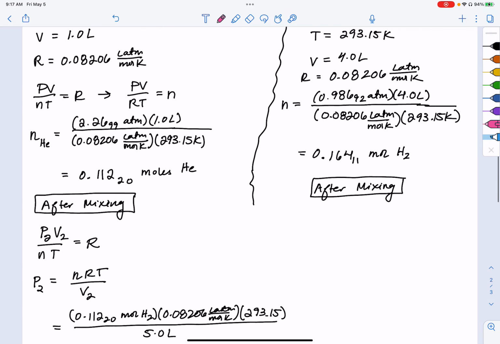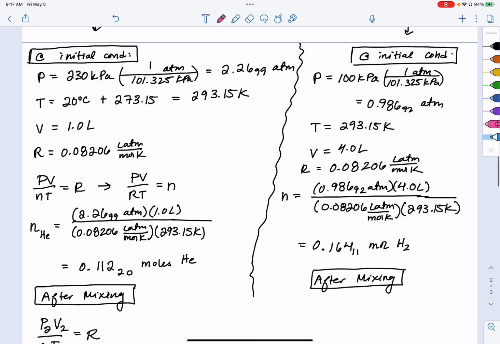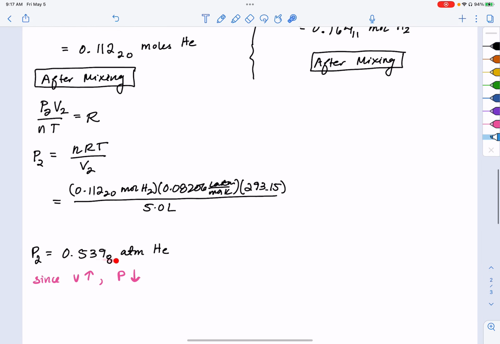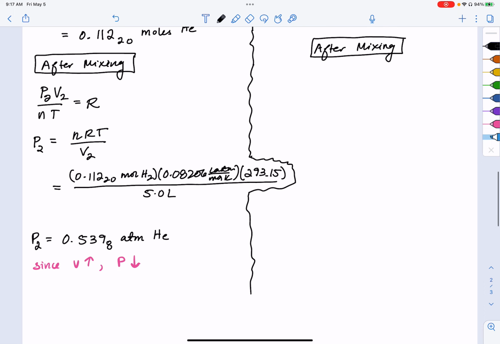So let's check on our pressure. Right, our pressure was originally 2.27 atmospheres, and now it's about half an atmosphere. So this is something that makes sense. We've checked that we are sane, rational people. Not always true, but today, at least right now, in this problem, it is.